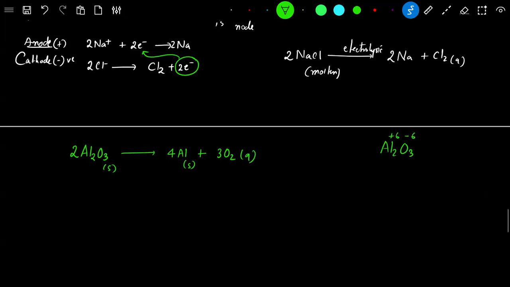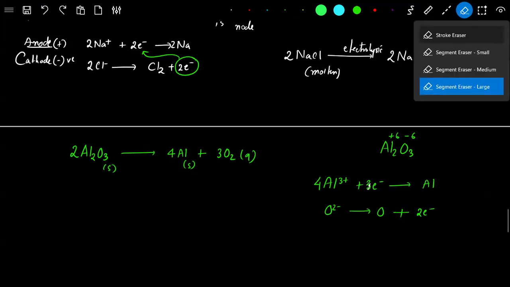So ultimately the reaction would be all about electrons. If you see the reaction for aluminium, Al3+ gains 3 electrons and forms Al, and O2- loses its 2 electrons and becomes O. You need to balance the electrons. अगर आप balance करेंगे तो आपका अपने आप आ जाएगा. अगर आप Al2 से देख रहे हैं, so 2 of Al to balance it, take 4Al3+, and in that case each is losing 3 electrons.